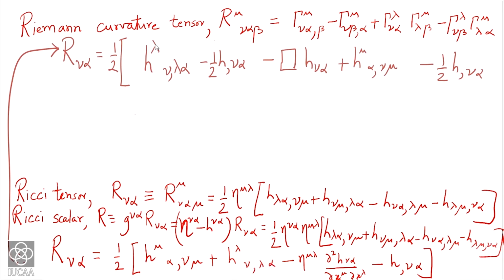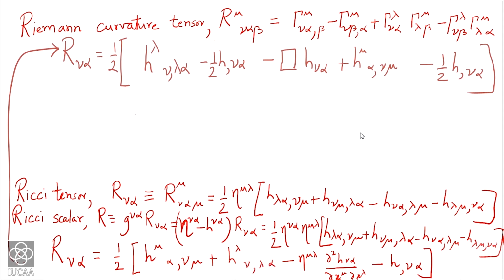So, let us verify all the terms have been taken into account. h lambda nu comma lambda alpha is here, and h mu alpha comma nu mu is here, and then I will close the bracket. You might ask, what have I achieved by this? The reason I am doing it is that I want to group two objects in a particular way, so that I can use the fact that in Einstein's general relativity I am free to use any coordinate system I wish, and thereby I wish to simplify my expressions.